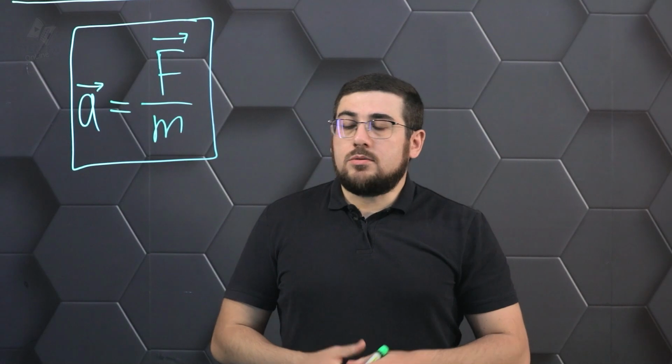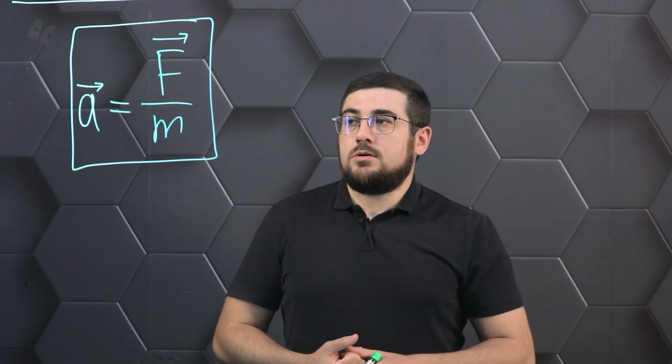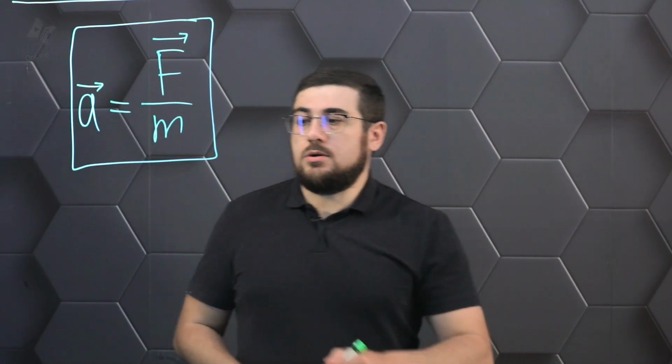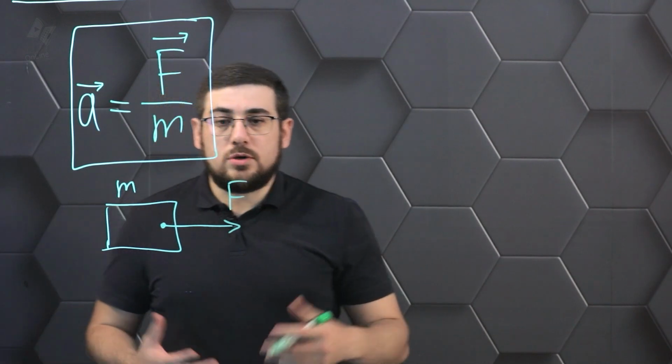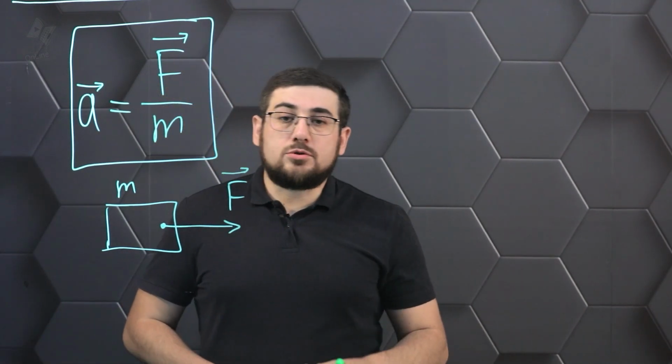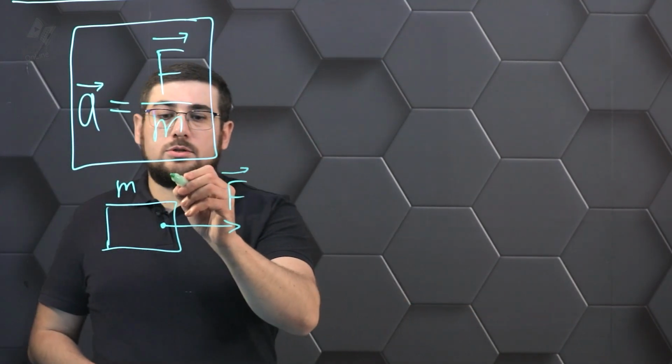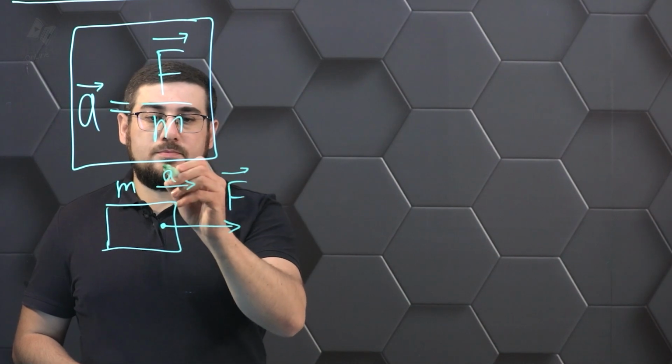So we can do all sorts of experiments and find out really that if we apply a force to a body, and the body has mass m, and we apply a force of magnitude f, then in this case there will be some acceleration. In the figure we can show it like this.